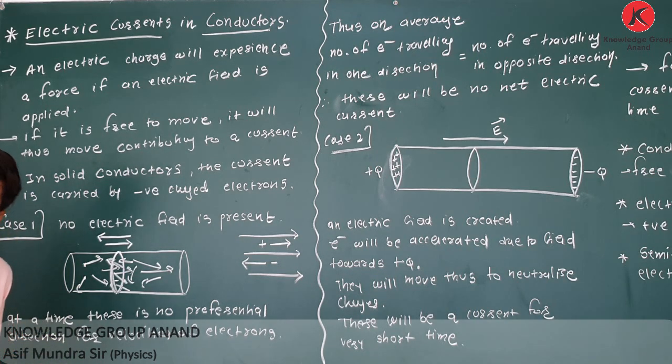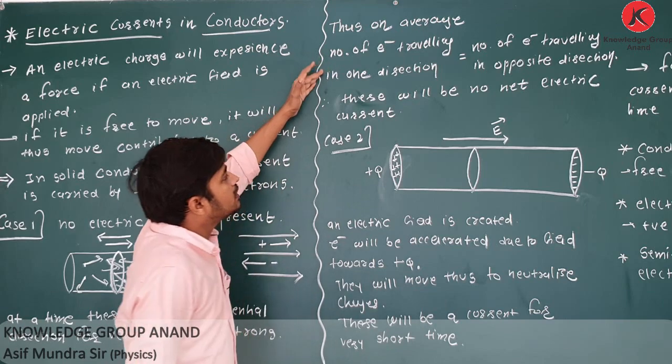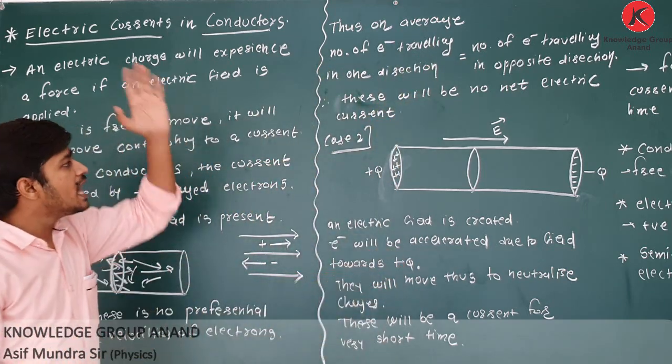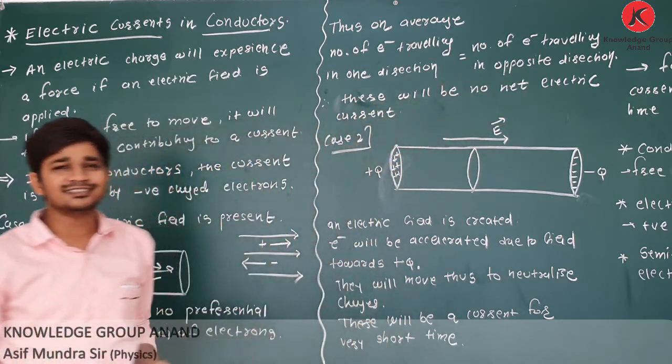Clear about this? Because of random motion. So on average, the number of electrons traveling in one direction is equal to the number traveling in the opposite direction, and therefore there will be no net electric current.